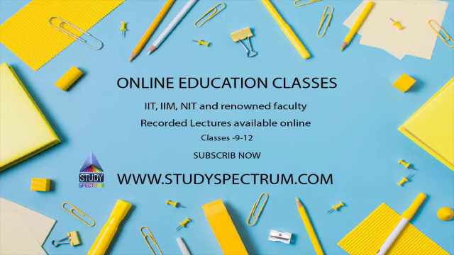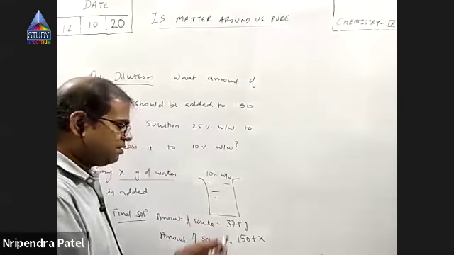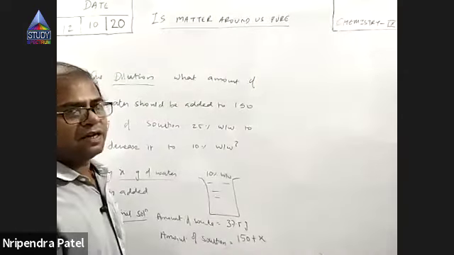Yes, sir. Okay. If I ask you to find percent W by W of this solution, how will you calculate? Percent W by W is mass of solute divided by mass of solution into 100, the amount of solute present per 100 gram of solution.